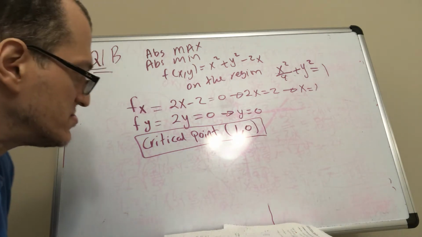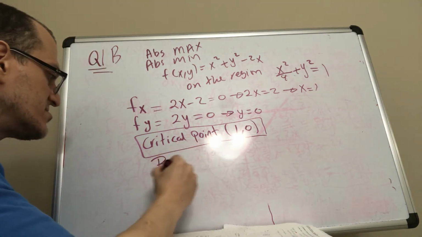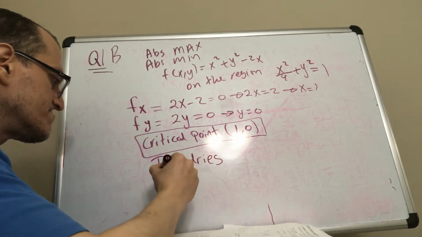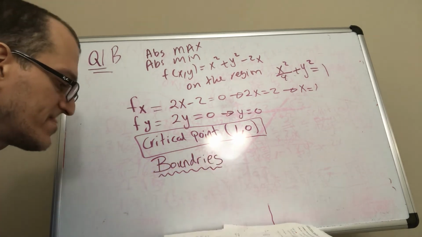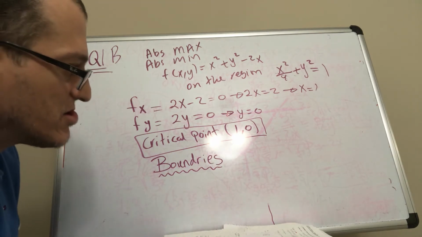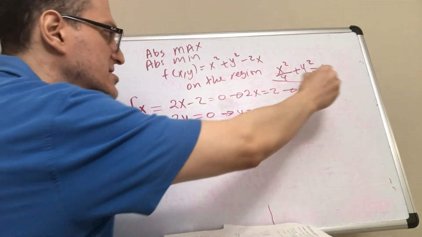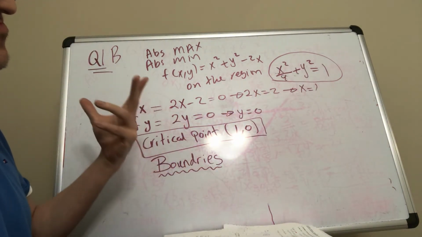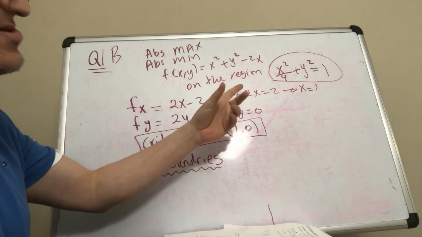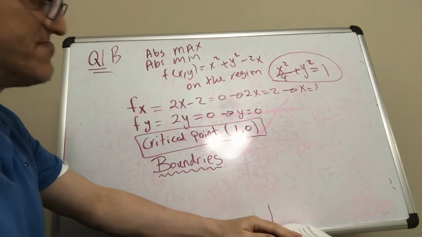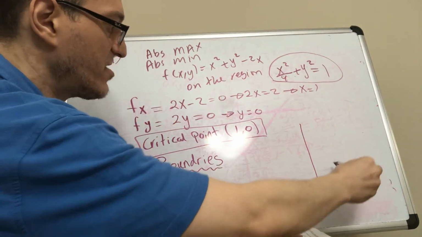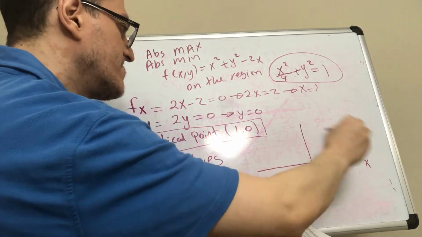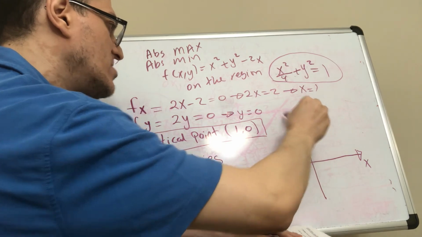Step number 2 is you look at the boundaries for the system. So to look at the boundaries, you need to sketch this and figure out what it looks like. This here is an ellipse. So if I go this way, this is my x, this is my y.